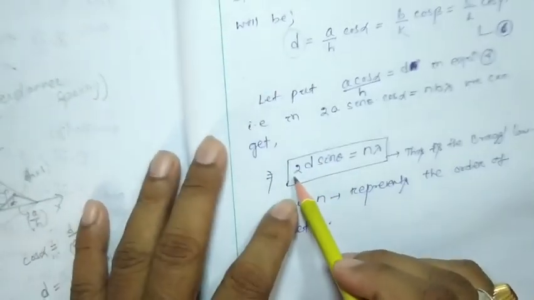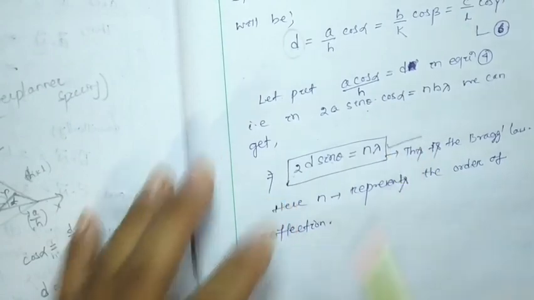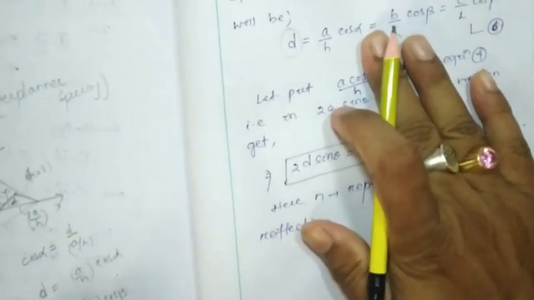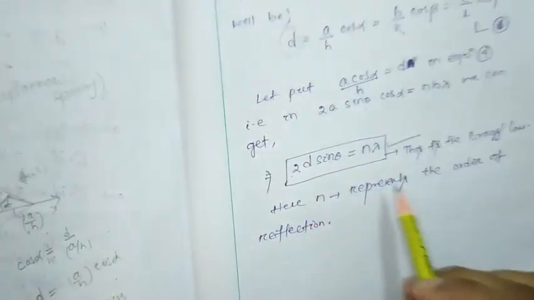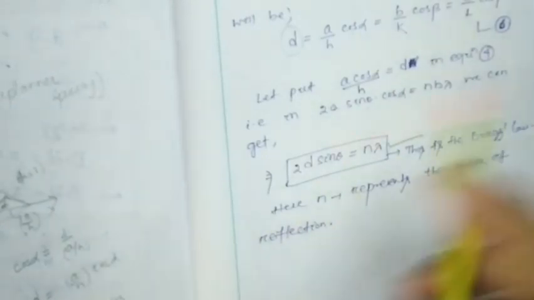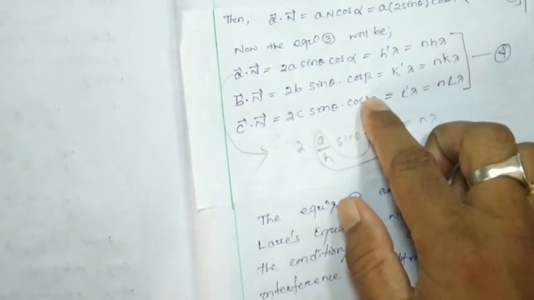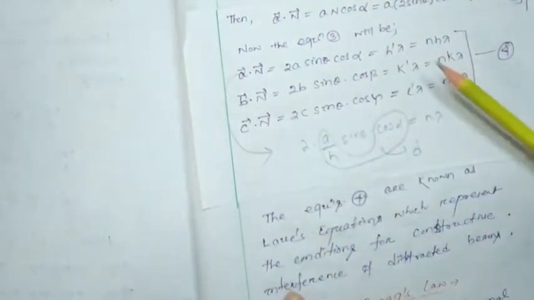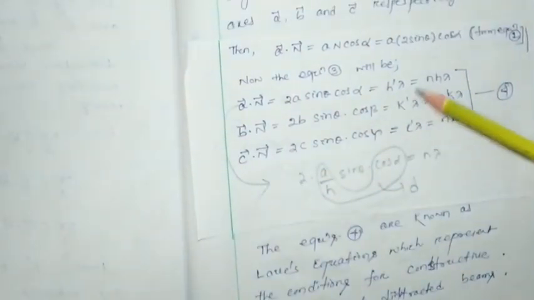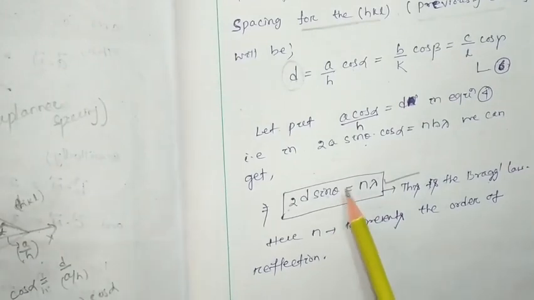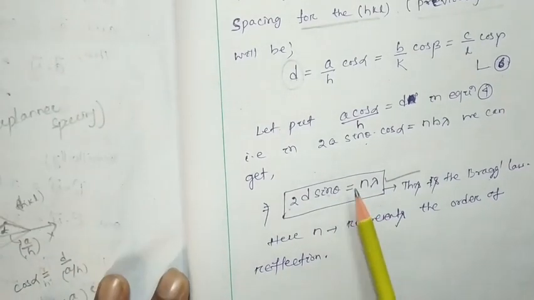Then it will be 2d sin theta equal to n lambda. So we found the condition of Bragg's law from the von Laue conditions. By considering these equations, we also verified the Bragg's condition here.